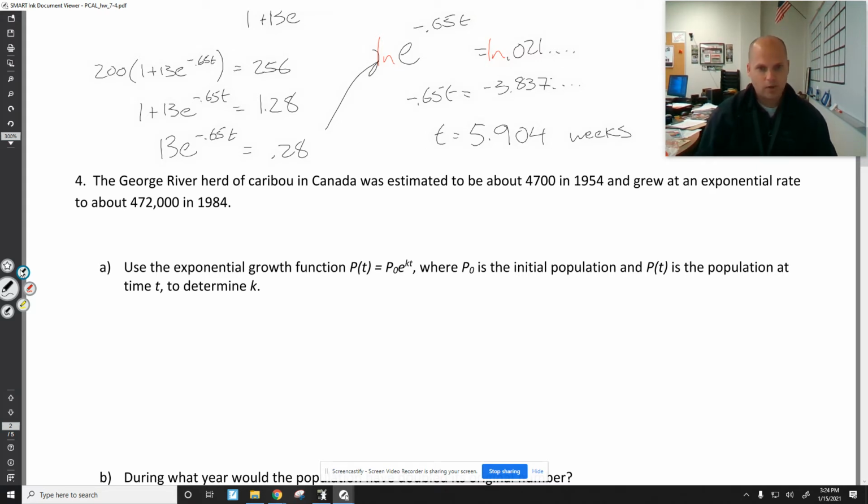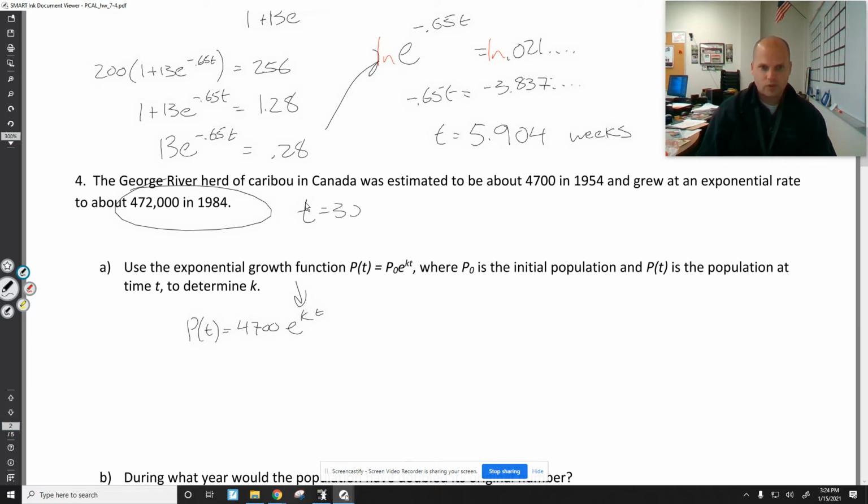All right, so I start with P of t equals P naught e to the kt, where I started with 4,700. We're going to find k by using this data. So 54 to 84, that's 30 years.